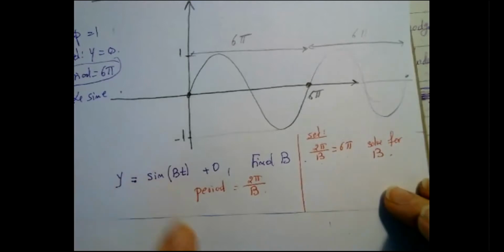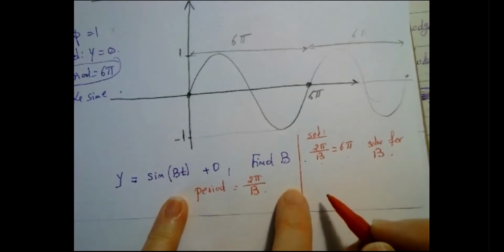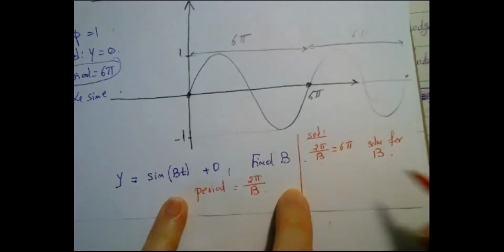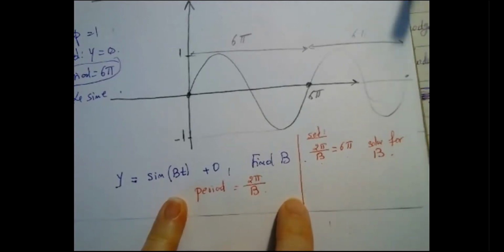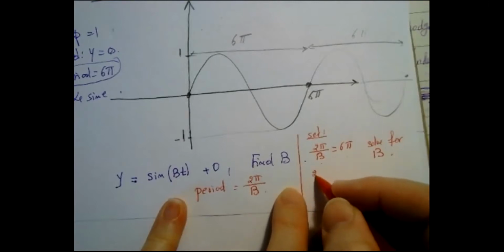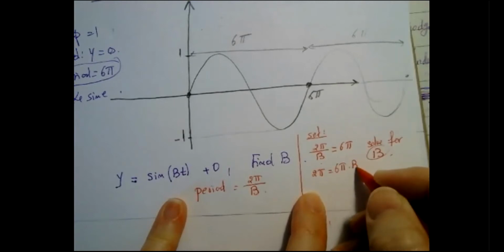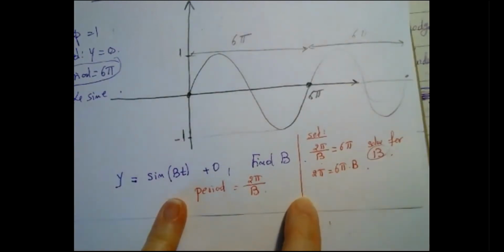Now, how can I solve for b in this problem? Does it look hard? So to solve, I multiply by b on both sides to make it easy for us, to get rid of my unknown.